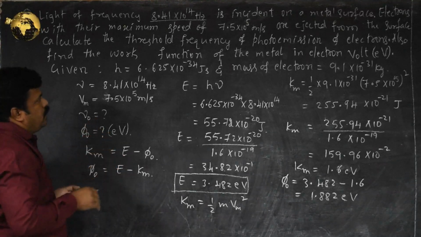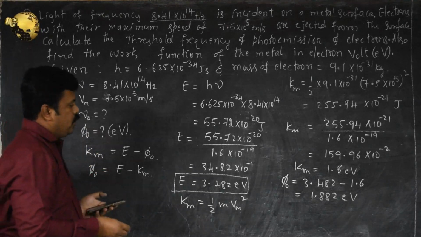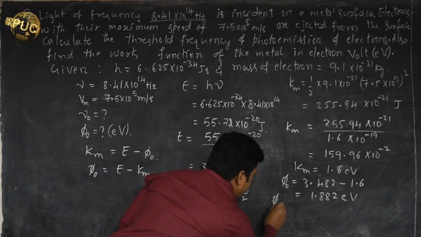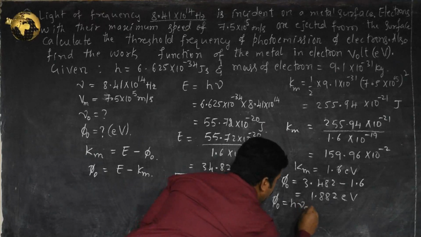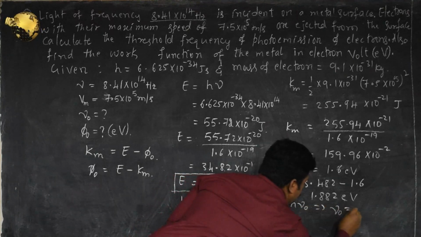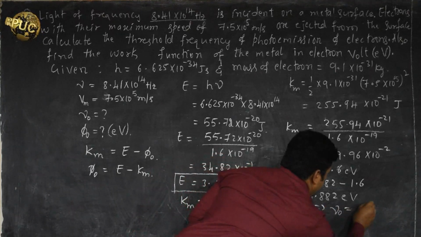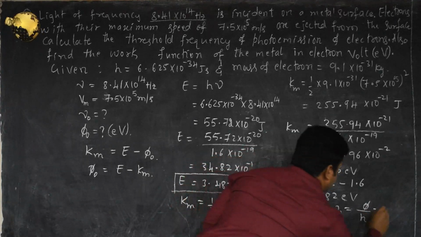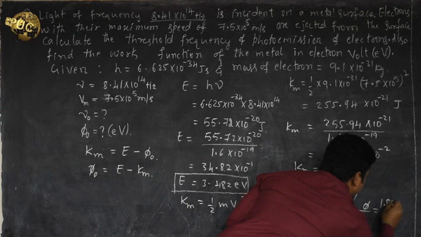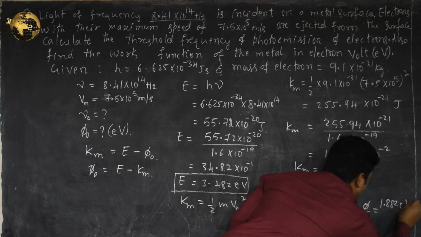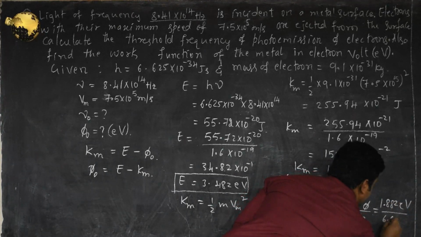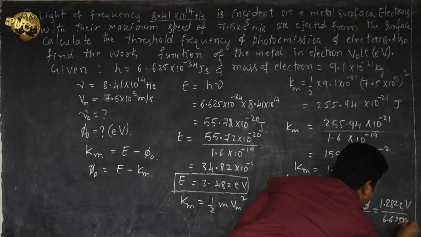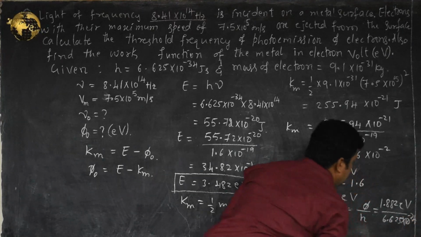So let's calculate the threshold frequency. Here I have calculated first the work function. What's the relation we have? Phi naught is equal to h mu naught. This implies mu naught is equal to phi naught divided by h. So this is 1.882 electron volt divided by 6.625 into 10 to the power minus 34.